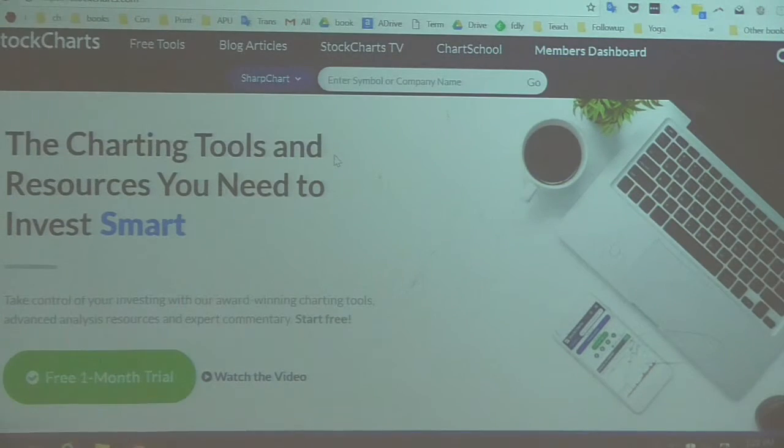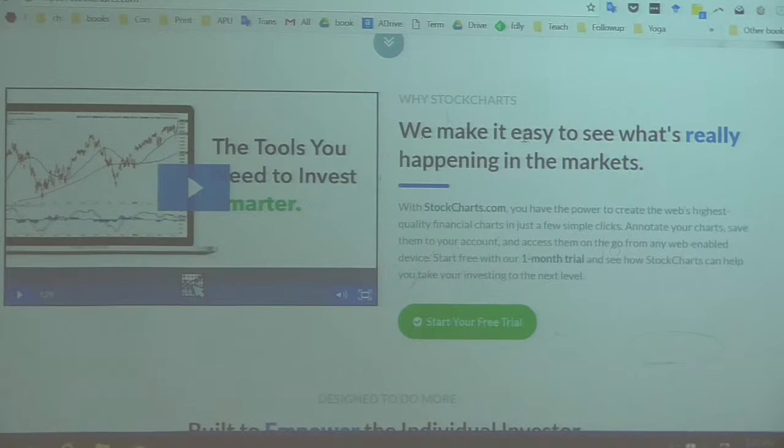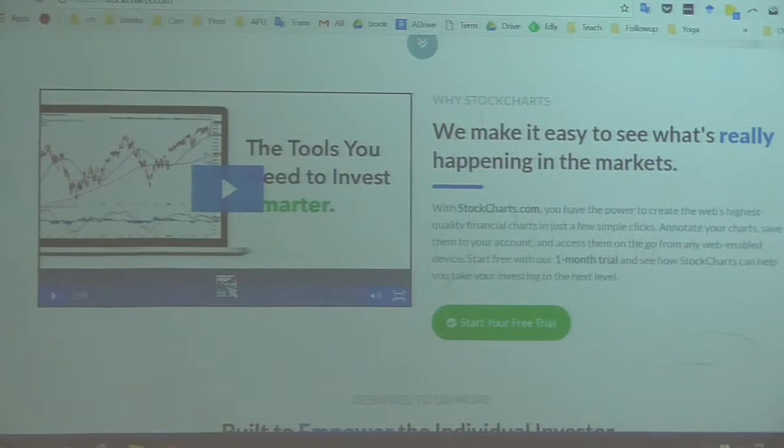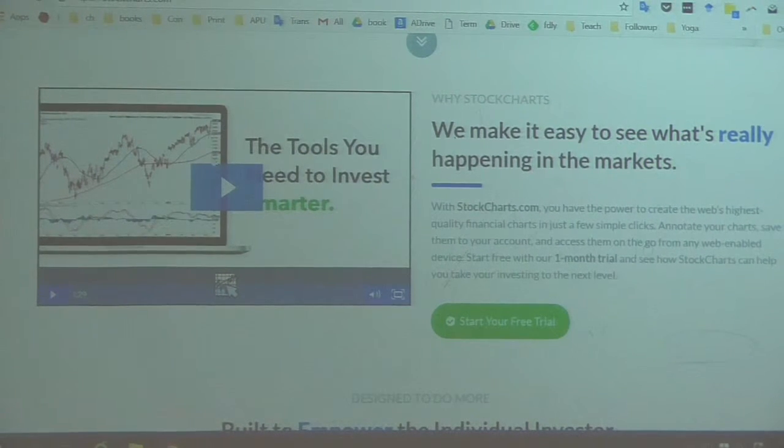Stockcharts.com: the charting tools and resources that you need to invest smarter. We make it easy to see what's really happening in the markets. So you get these patterns, and charting is supposed to somehow tell you about them.